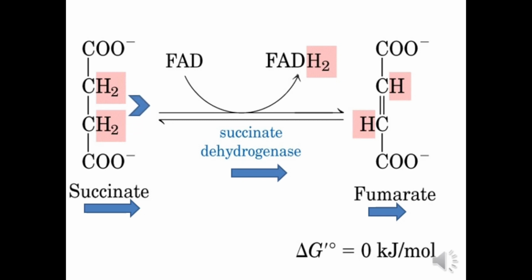The 2 hydrogens from carbon 2 and carbon 3 are taken by FAD, the coenzyme of succinate dehydrogenase, to form FADH2. And this through the respiratory chain produces only 1.5 ATP. This is the only citric acid cycle enzyme that is tightly bound to the inner mitochondrial membrane and considered as complex 2.